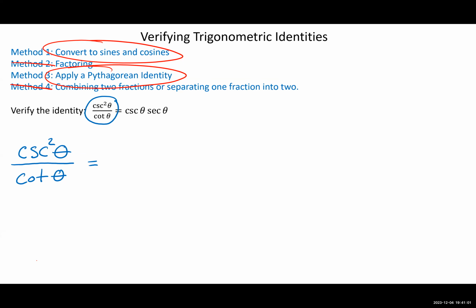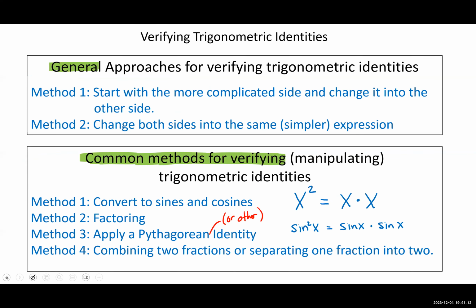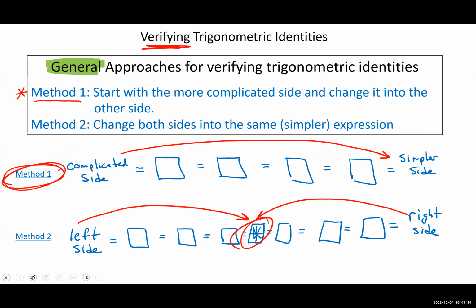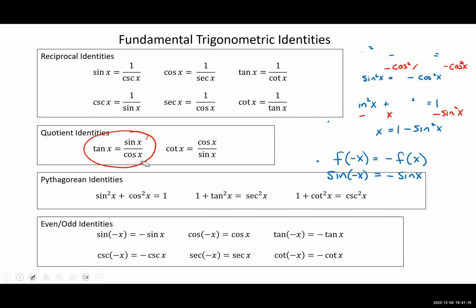So rather than go back to the slide with all of the identities, you want to have all that stuff out. I mean, actually, I will go back. Unless you have this stuff memorized, maybe you do.